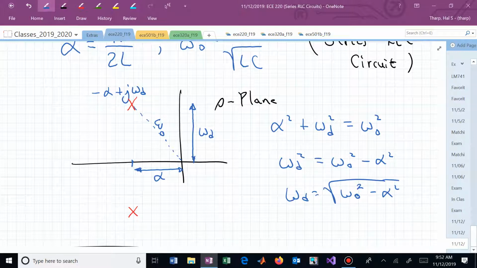And in this case, if L and C stay the same, you're always the same distance away from the origin. You could now reduce the damping, make alpha smaller and smaller, and where does that root go as alpha gets smaller?